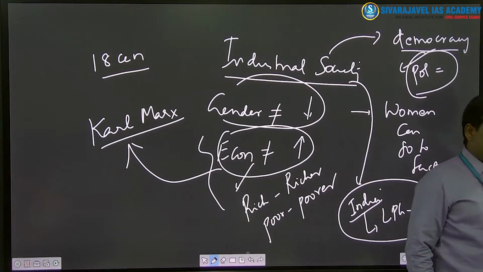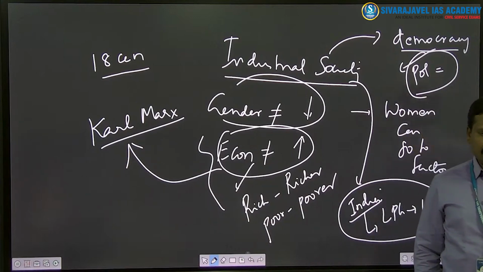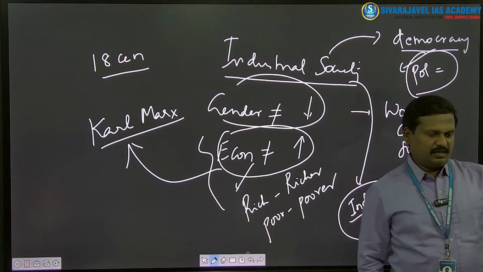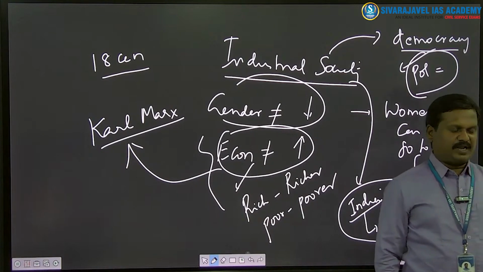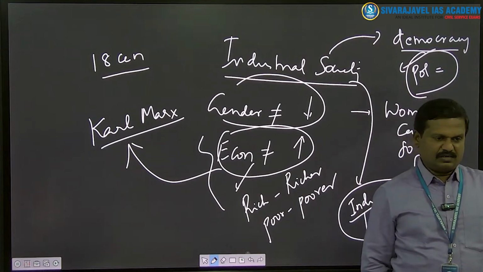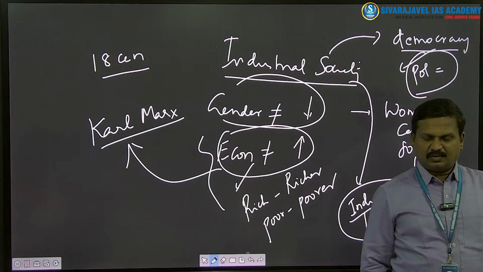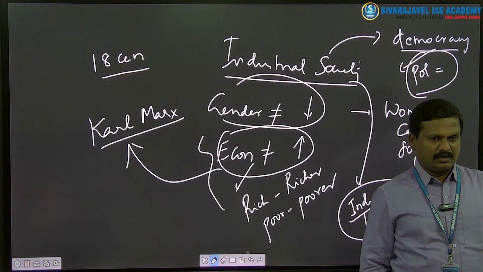LPG model is Rao Manmohan model, where privatization, liberalization, globalization was massively kick-started, and therefore post 1991, India is becoming industrial society.